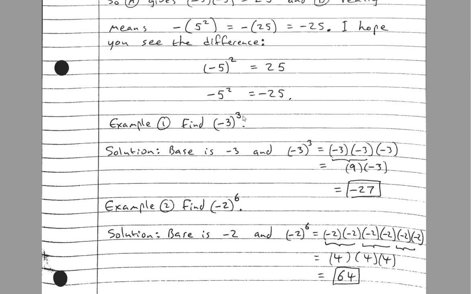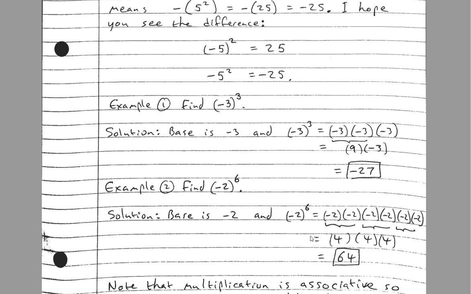So here, back in example 1, we have an odd power of a negative number. So the answer has to be negative. We saw that: negative 27. In example 2, we have an even power. 6 is even, so an even power of a negative number, so the answer has to be positive.